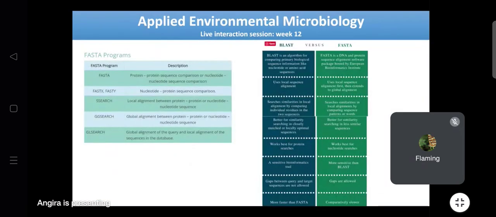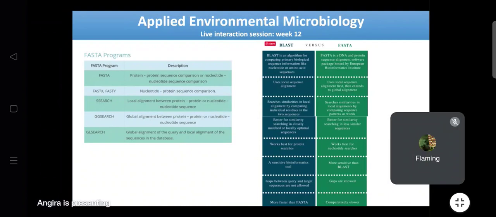So like BLAST, FASTA also has programs. FASTA programs can be listed as follows. First is FASTA, which is basically a protein-protein sequence comparison or a nucleotide-nucleotide sequence comparison. FASTX or FASTY is basically nucleotide-protein sequence comparison. SSEARCH in FASTA is for local alignment between the protein-protein or nucleotide-nucleotide sequence.